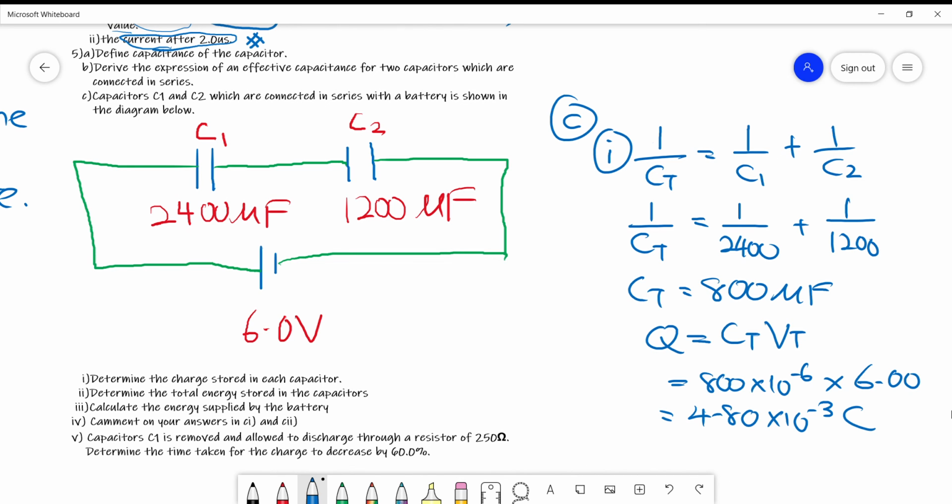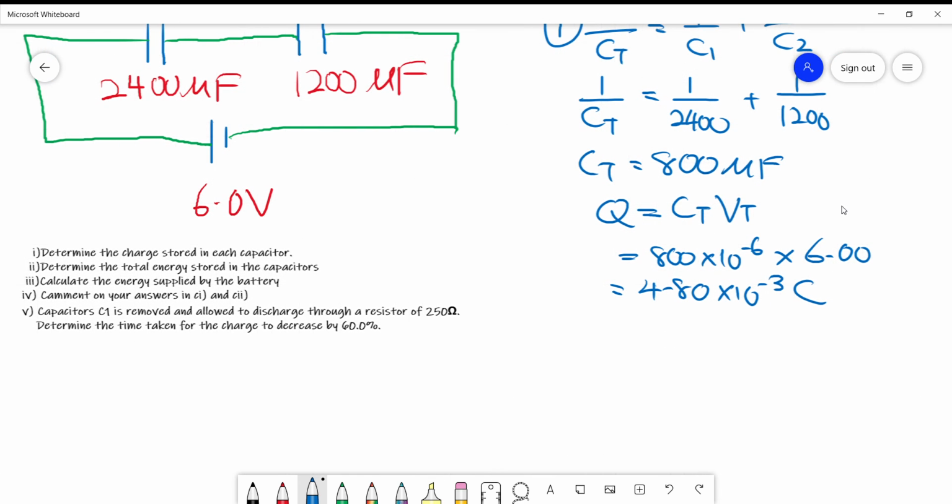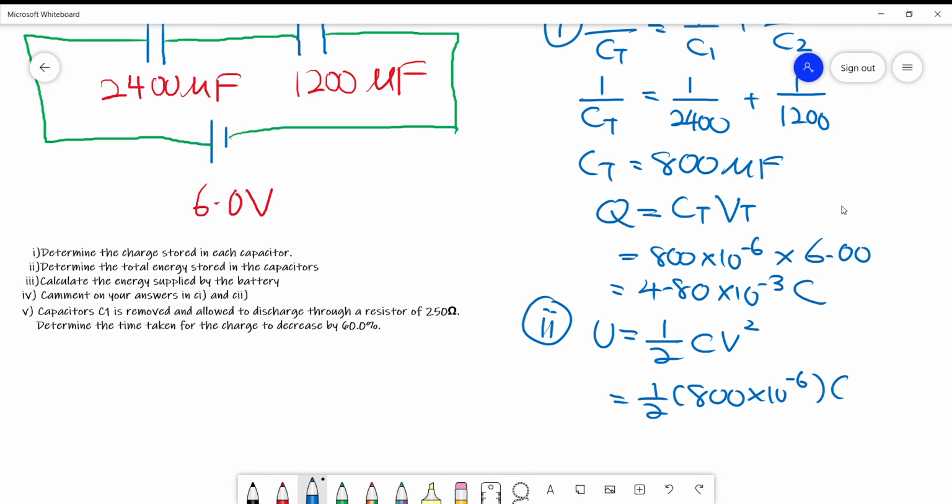So what about C2? Determine the total energy stored in the capacitor. The total energy stored in the capacitors, which is U, is equal to half CV squared. The total capacitance is 800 times 10 to the power negative 6, and V is 6.0 squared.